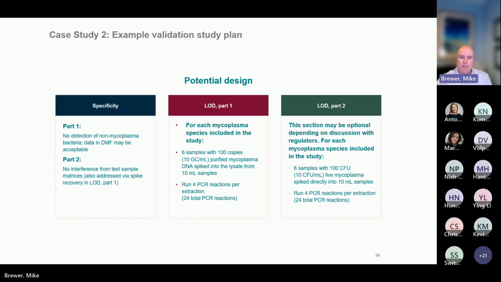Not as many people use live Mycoplasma, for a variety of reasons which I'll discuss in a minute. But for part 2, these were 6 samples spiked with 100 CFU, or 10 CFU per mil, of live Mycoplasma cells spiked directly into the 10 mil cultures, recovered, and the DNA extracted. Again, the analysis was the same: 4 reactions per extraction for 24 total PCR reactions.